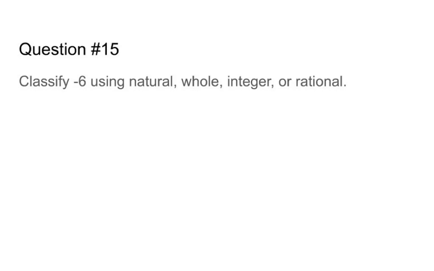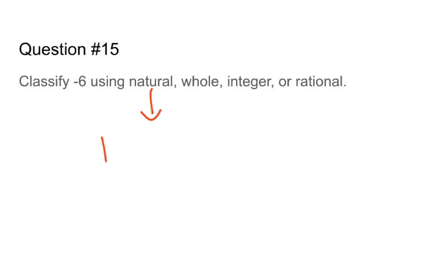Classify -6 using natural, whole, integer, or rational. Which of those 4 categories can -6 fit into? It's okay here just to circle the ones that -6 fits in. You got to remember, here's our review.